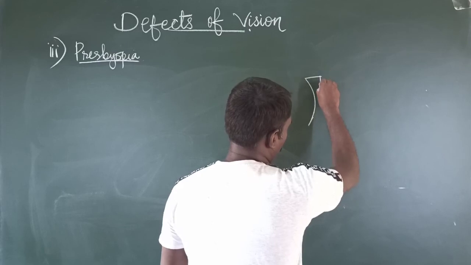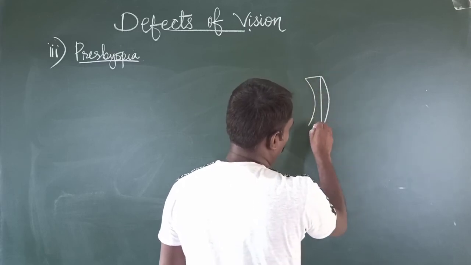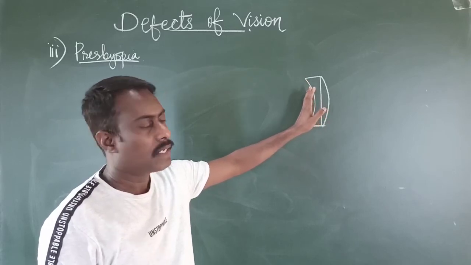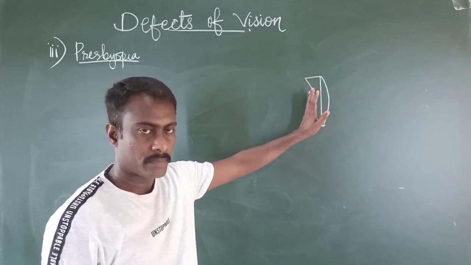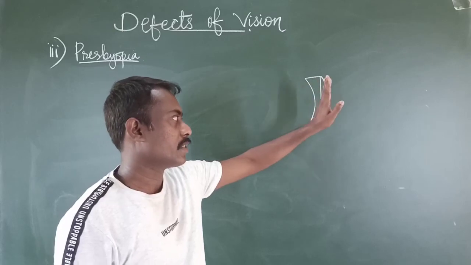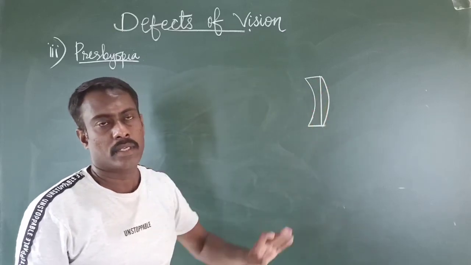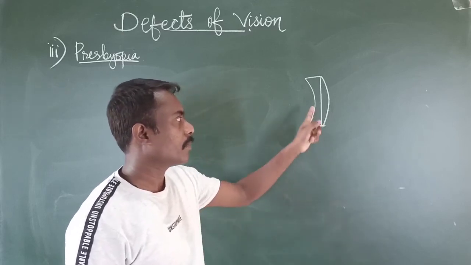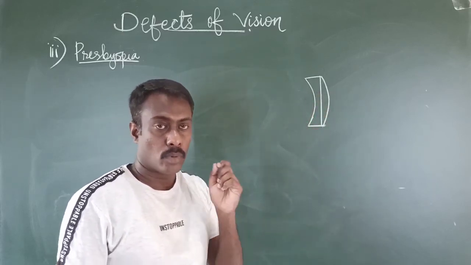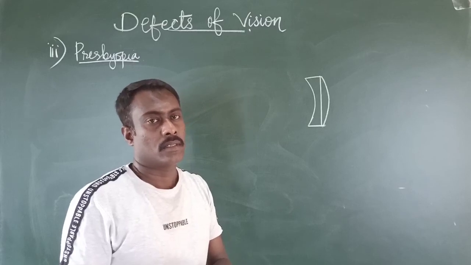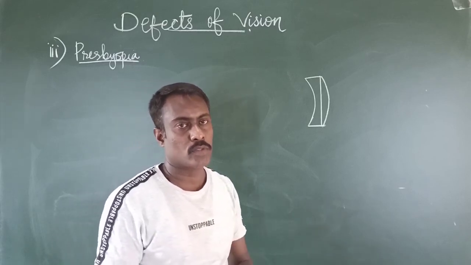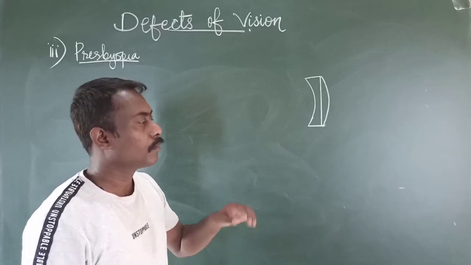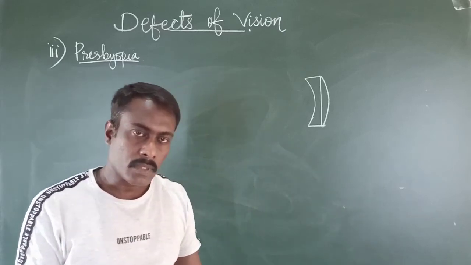A concave lens corrects the myopic defect, and a convex lens corrects the hypermetropic defect. So a bifocal lens can correct both the myopic and hypermetropic defects of vision, if a person is suffering from both defects.